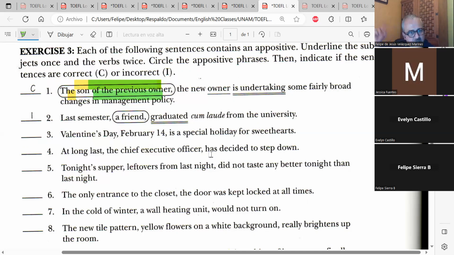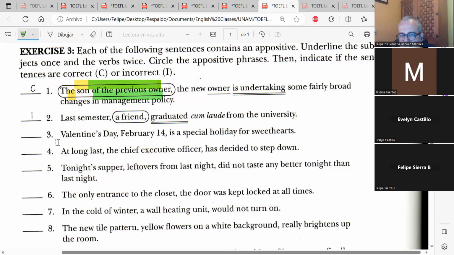Last semester, a friend graduated cum laude from the university. Here I'm going to ask you, Jessica, how can you correct this sentence? It's incorrect. How would you correct it? If you are an American or English speaker and you don't know that cum laude is Latin, you would pronounce it differently.